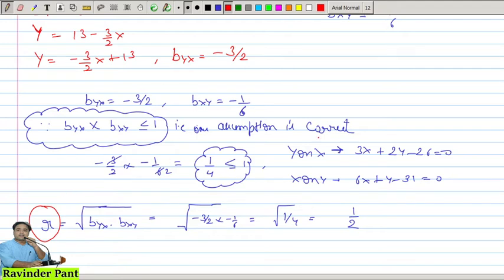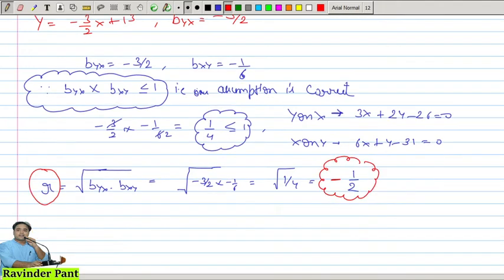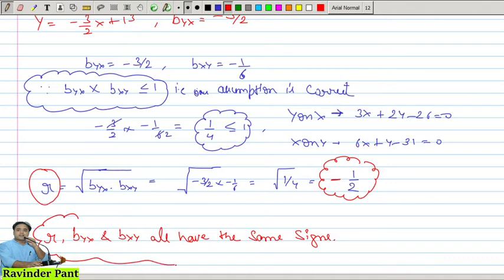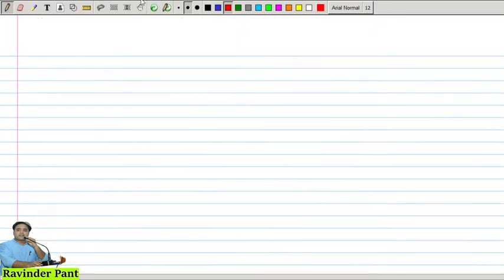Since these two are negative, this will also be negative. So r, byx and bxy all have the same signs. This was the property we discussed in the previous class. So this is done. Though there are some calculations to be done by you, we move on to the next question.